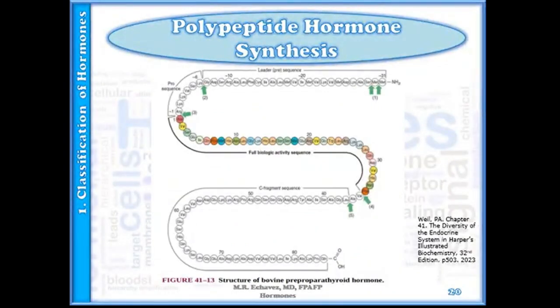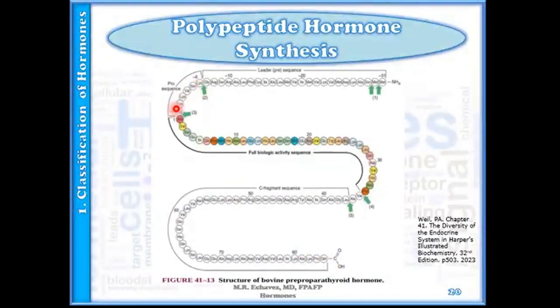Another example of a hormone coming from a large precursor molecule is your parathyroid hormone. So this is your pre-pro-parathyroid hormone. It's a 115 amino acid hormone wherein you have 25 amino acids on the N-terminal. When this is cleaved, this yields your pro-parathyroid hormone, which is 84 amino acids.